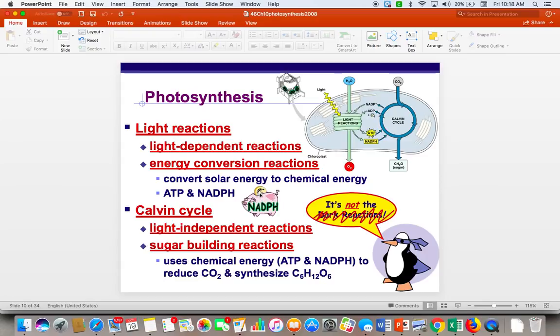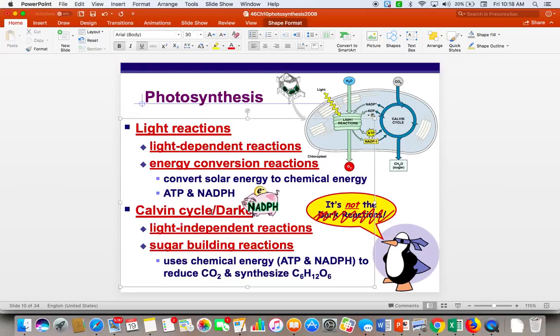And so the electrons that are in this bank plus the ATP is what we're going to use in the Calvin cycle, which we have really called the dark reaction, okay? So the dark reaction, Calvin cycle, light independent reaction, whatever you want to call it, this is the second part of photosynthesis. And this is where we're going to build the sugar, okay?